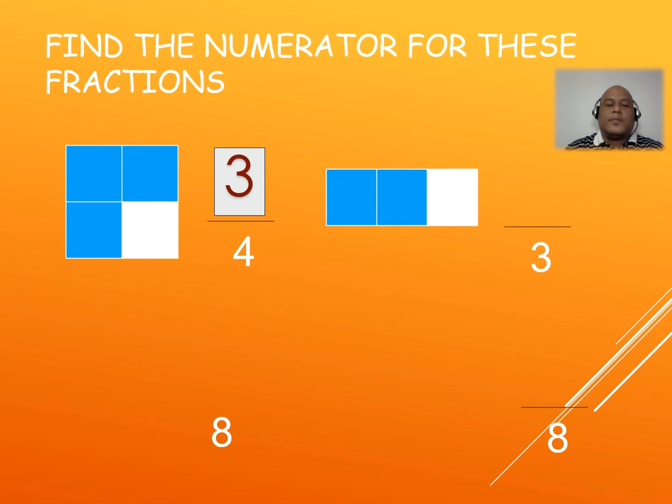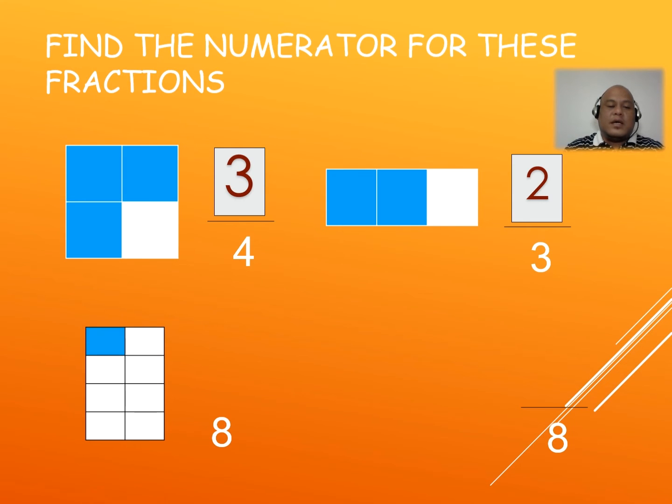Next is rectangle. This rectangle is divided into 3 equal parts. I colored 2 parts of this rectangle. So what is the numerator for this fraction? 2. Or we can say 2/3.